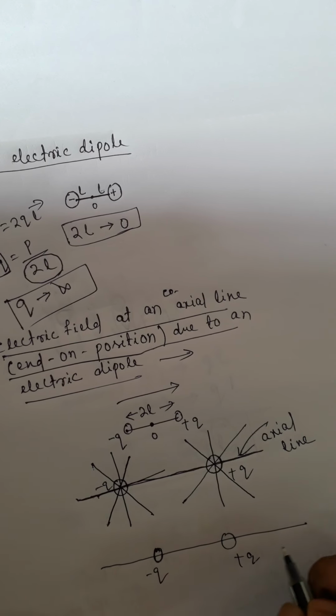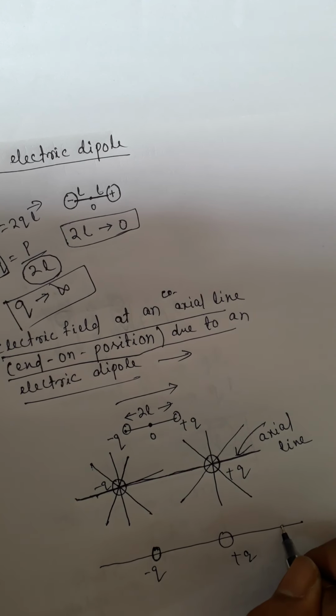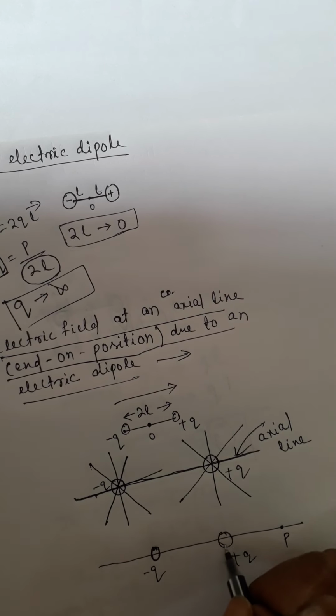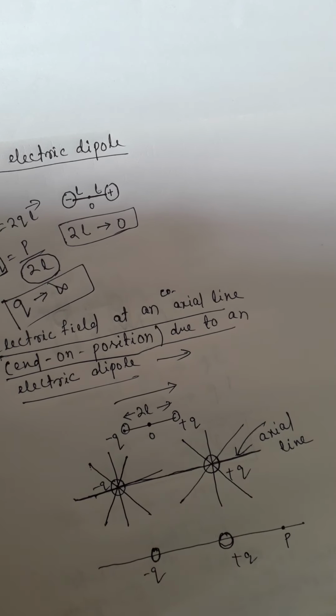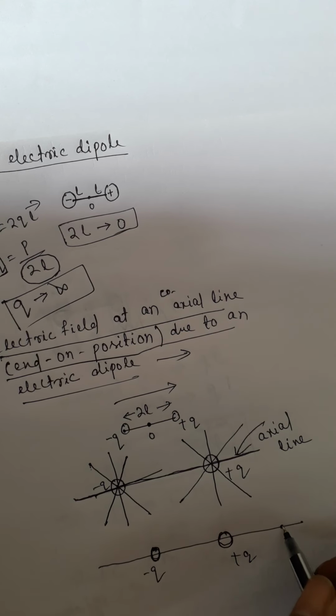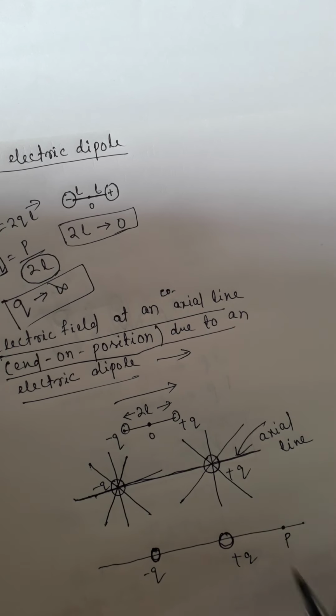And here, if we take any test charge at point P, then this positive charge will exert a force on this test charge, and this negative charge also will exert a force on this positive test charge. So what will be the net force on this positive charge?